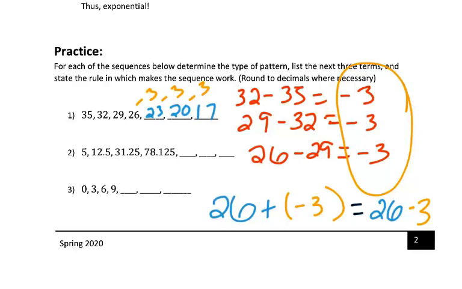Our rule for this one, I'm going to put rule because I want us to get into this habit. Our rule for this one is -3, okay? And then it is linear because we're adding the same number, or in this case subtracting the same number every single time. So therefore it's linear.